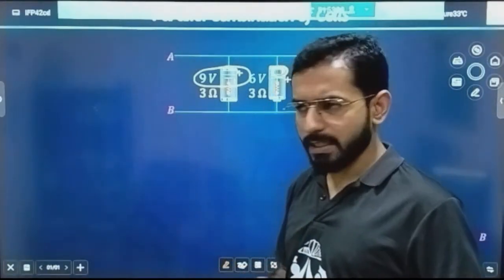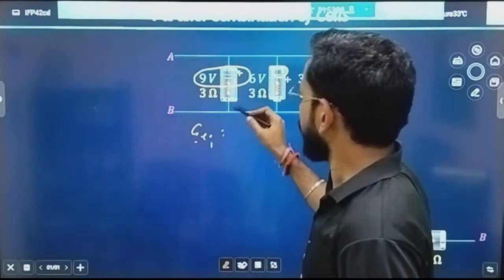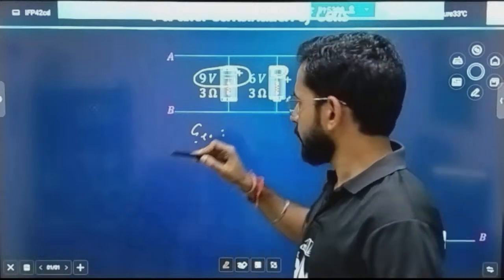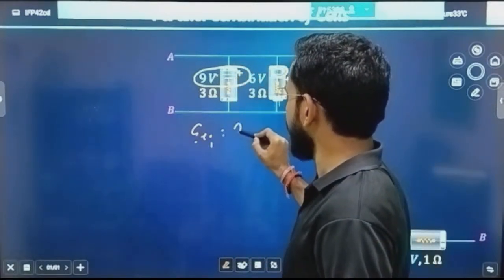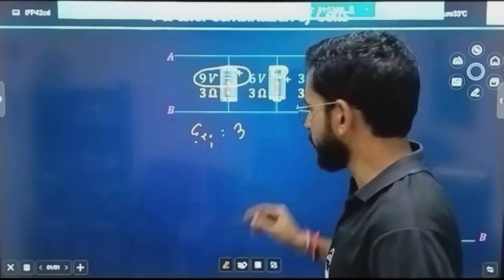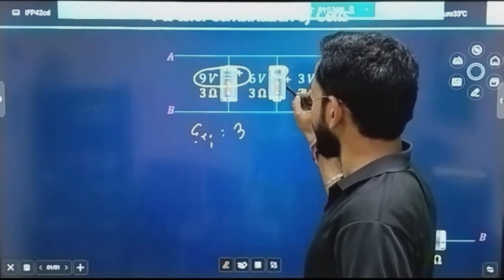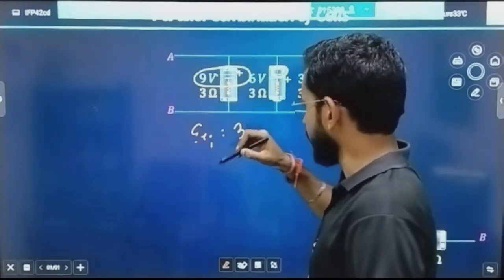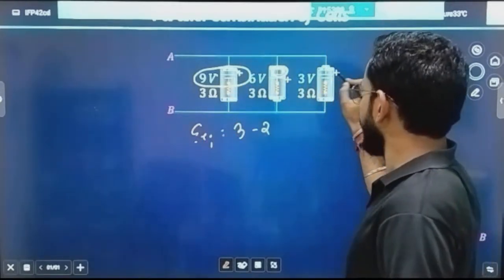Same example that we had in the last case, but this time E equivalent is going to change. Now, what is the formula? I hope you already remember. E1 by R1, E1 by R1. What is the ratio that is going to come? And polarity is positive, that's why I will write 3 directly. Now, E2 by R2 is 2. But here there is a negative sign and then a positive sign. That means there is a change in polarity. That means I will write here -2. Here it is again positive, negative.